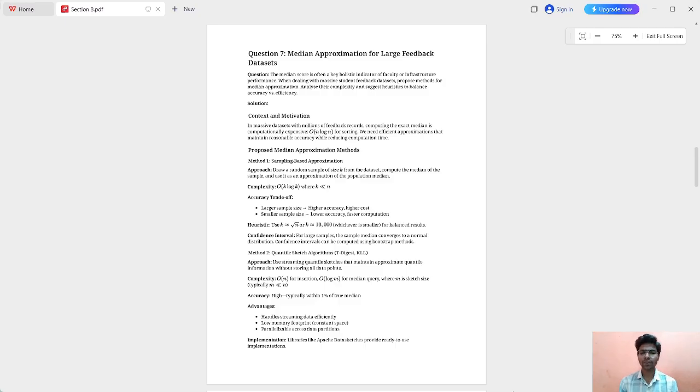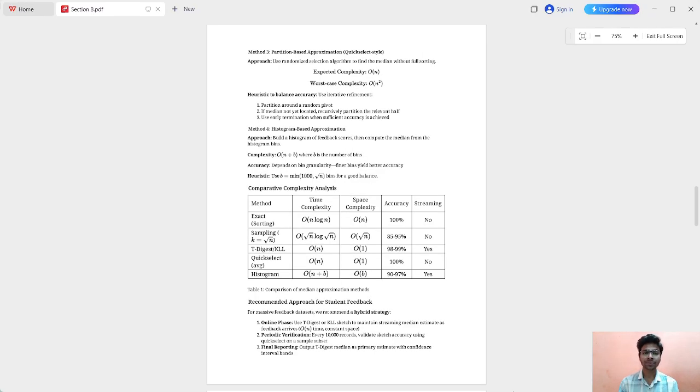Accuracy is high, typically within 1% of the true median. Advantages: first, handles streaming data efficiently; second, low memory footprint, constant space; and third, parallelizable across data partitions. Implementation: libraries like Apache DataSketches provide ready-to-use implementations.